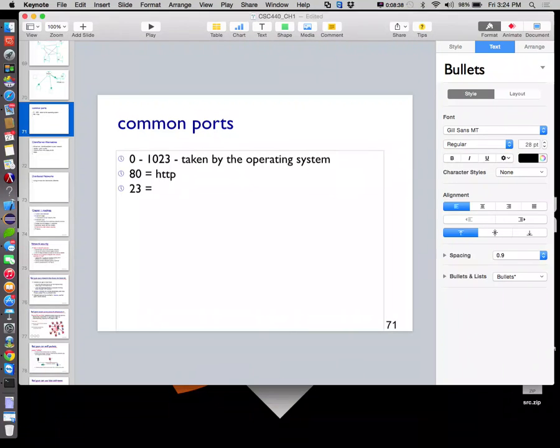Port 23 is the standard telnet port. 21 and 22, well, let's just say 21 for now, is FTP. So a couple of common ports. We have SSH2, we have IMAP, we have SMTP. But the one we're talking about right here is HTTP. So this is web stuff. On campus, what if the network admin decided they were going to block all traffic on port 80?